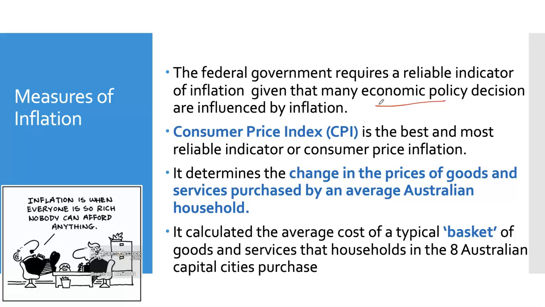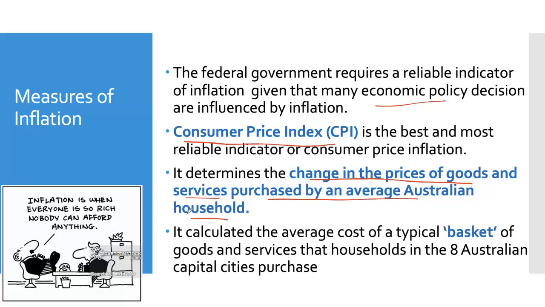The most reliable, best indicator is what we call the Consumer Price Index. And almost always when you hear the term inflation in the news, they are talking about Consumer Price Index inflation. This determines the change in the price of goods and services purchased by an average household.